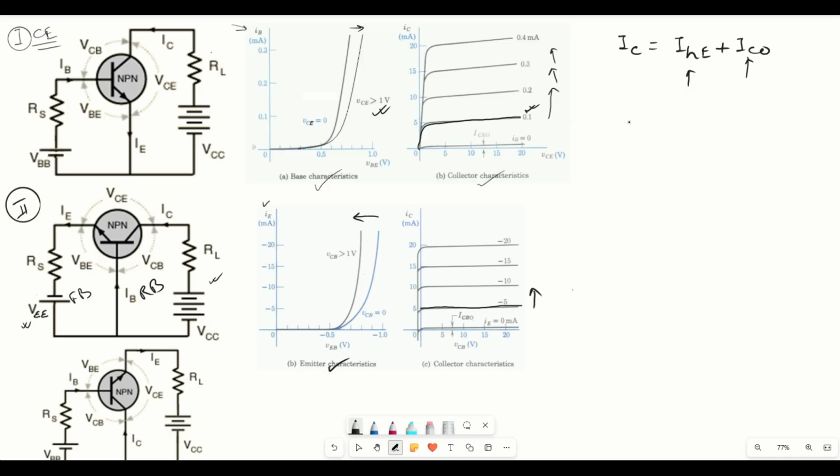If we determine the current gain, it is the ratio of output current to input current. In common emitter configuration, we have output current as IC and input current as IB. So this is given by beta. Beta is the current gain of the common emitter configuration.